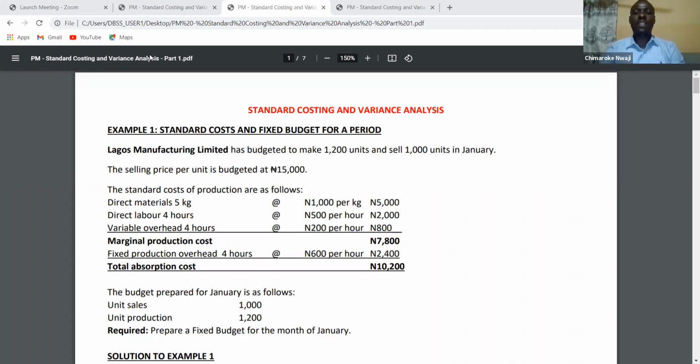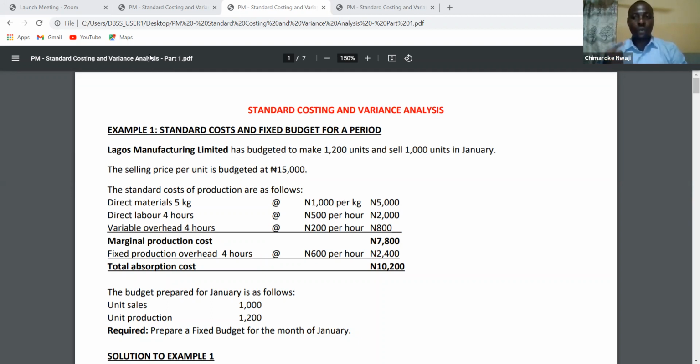Now, let's start with standard costing. What is standard costing? Standard costing is a way of getting the standard price and standard production costs of one unit of a product. So let's look at bread, for example.